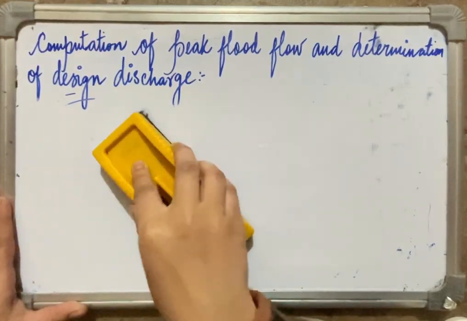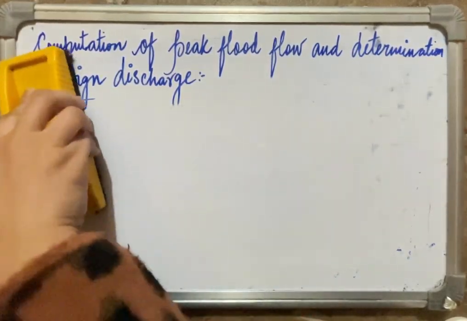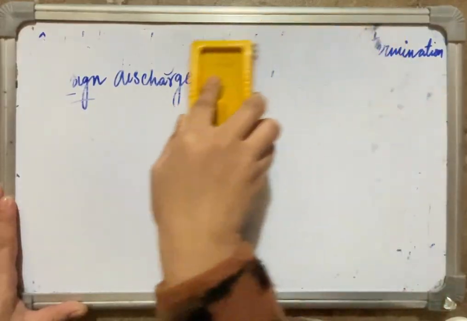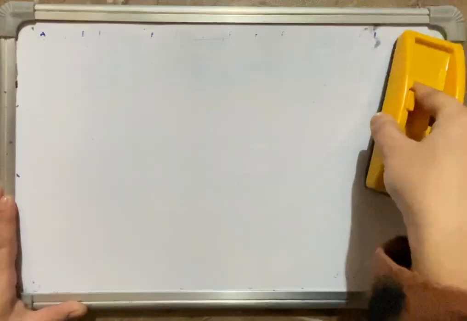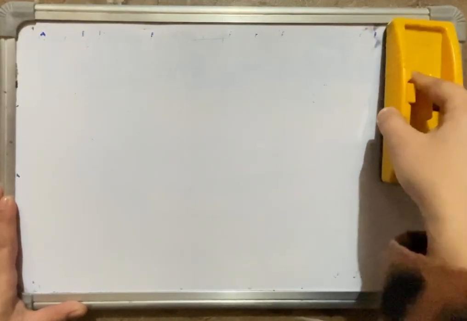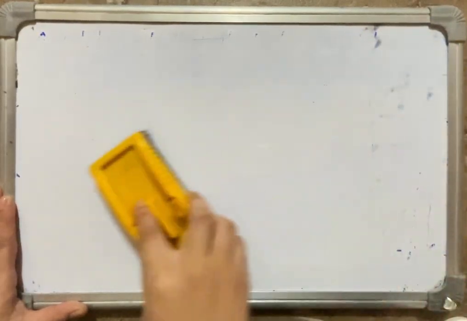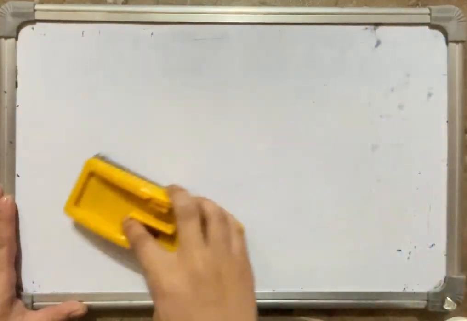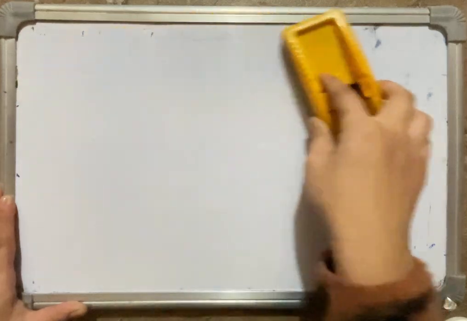Now we'll study one by one the methods that we make use of to ascertain the maximum discharge, and only then can we calculate our design discharge. For that we have to make use of at least two of the methods, and the maximum value will be taken as the design discharge.